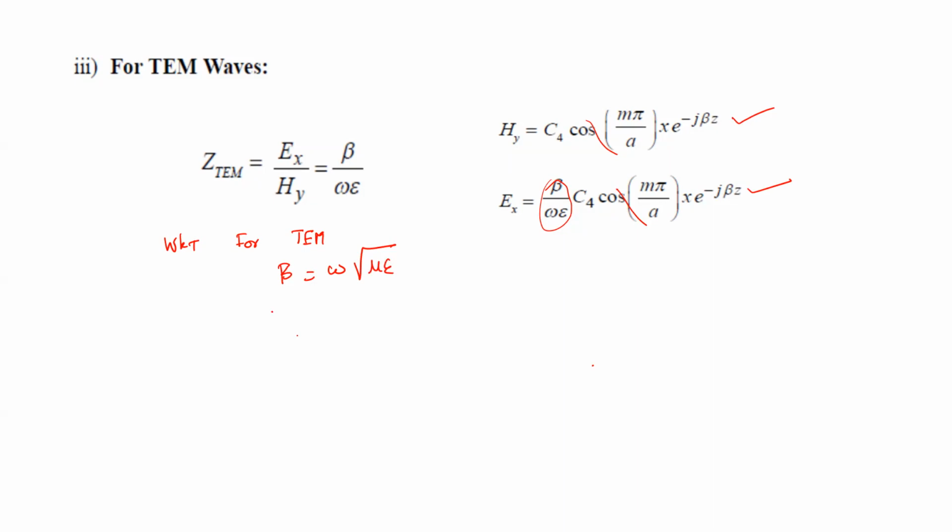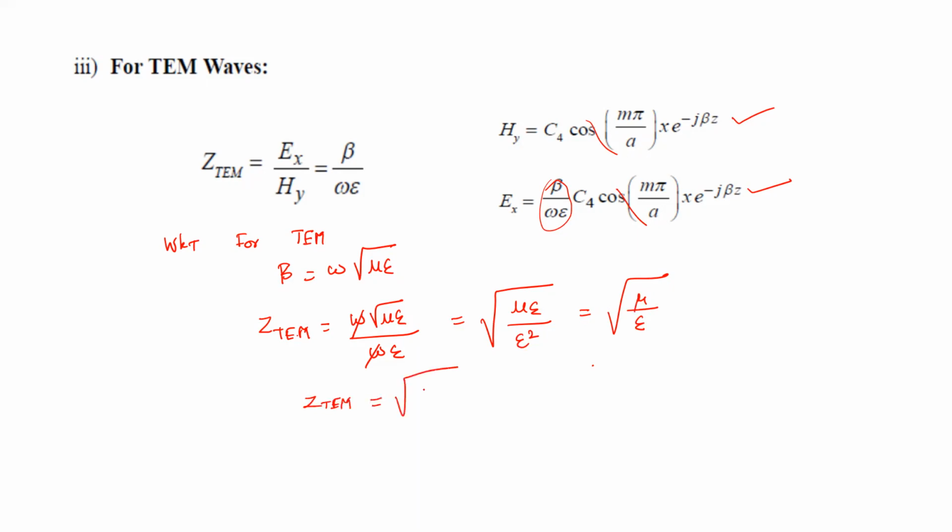By substituting this value of beta, we get the characteristic wave impedance of TEM wave as omega root mu epsilon divided by omega epsilon. Omega will cancel. If I bring this epsilon inside the square root, it will be epsilon square, which can be simplified as mu by epsilon.